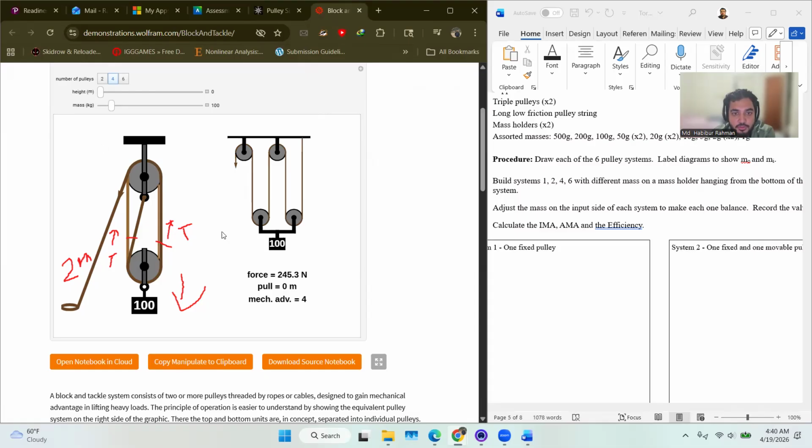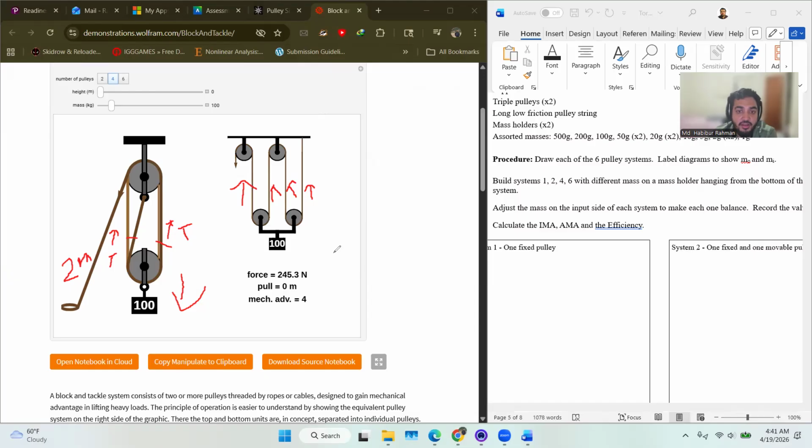Let me explain it. One is here, another one is here, another one is here, upward, another one is here, upward. And these two are stationary because they are fixed pulleys, and these are moving pulleys. So when you pull, there are four tensions working on this moving pulley.